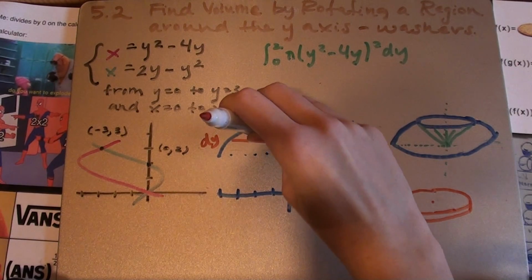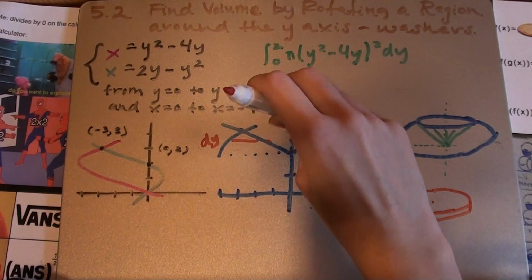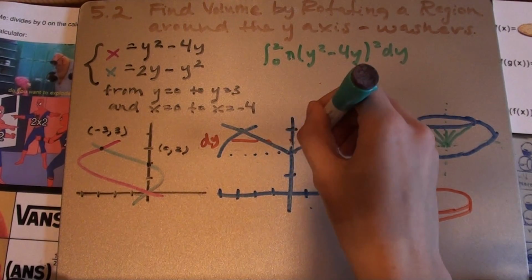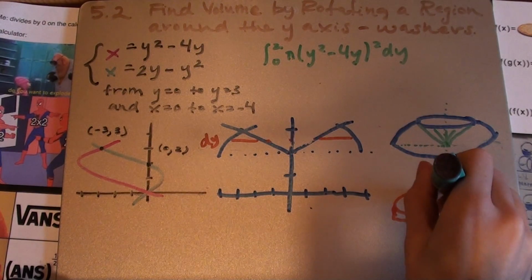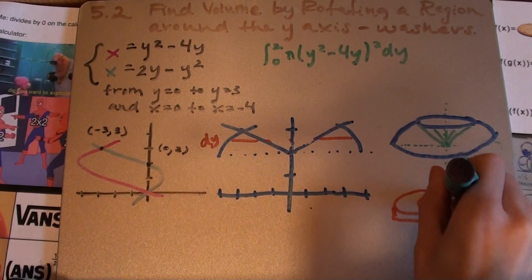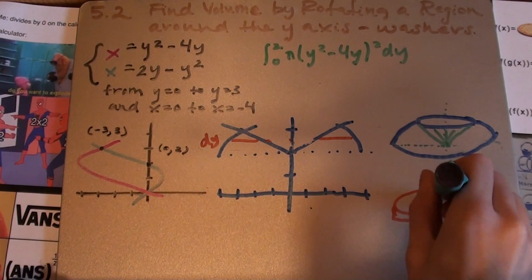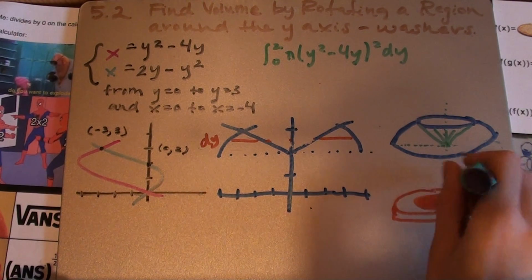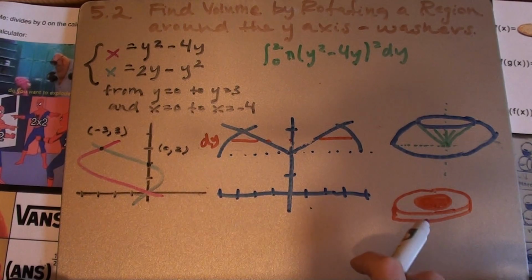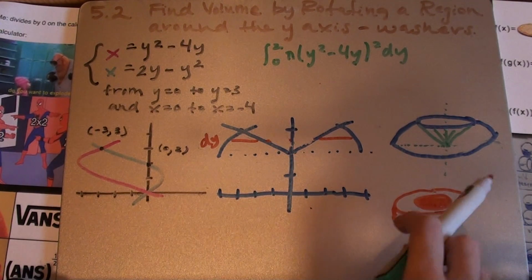So this radius right here, we're going to have to remove. And what that does is it removes an entire disk on the inside. So this entire disk created by the blue function on the inside is going to be gone. What that leaves us with is this washer shape, this donut shape on the inside. That is what we're going to use.